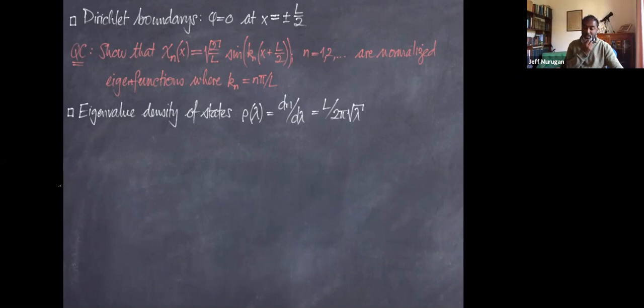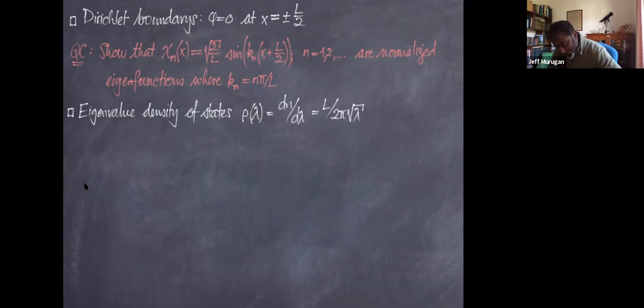The point here is that even though the kn's are not the same as with periodic boundary conditions, when I calculate the eigenvalue density of states, they come out to be exactly the same. In other words, the number of states per unit energy, per unit volume, is independent of the boundary conditions at infinity. So that's the takeaway message from here.